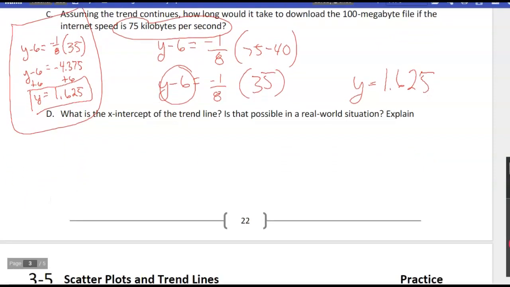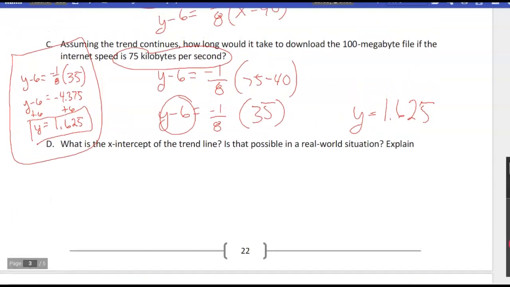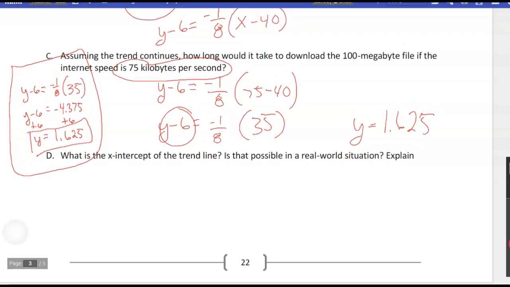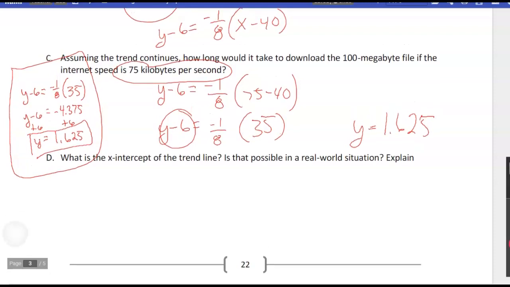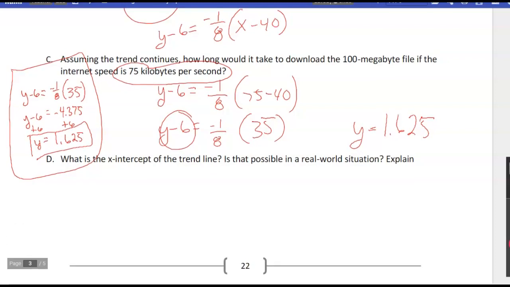It says, what is the x-intercept of the trend line? Is it possible in a real-world situation? So what they want to know is what is the x-intercept? The x-intercept is when y equals 0. So when y equals 0, what do we get?